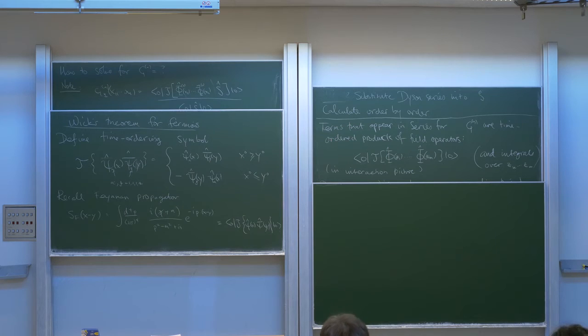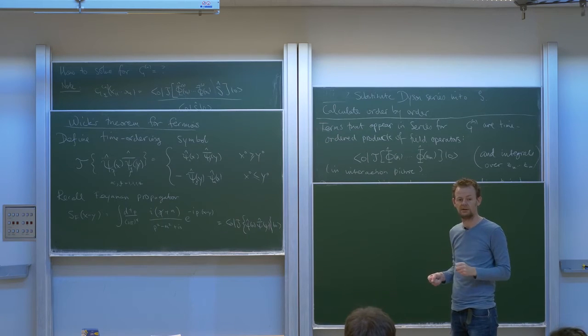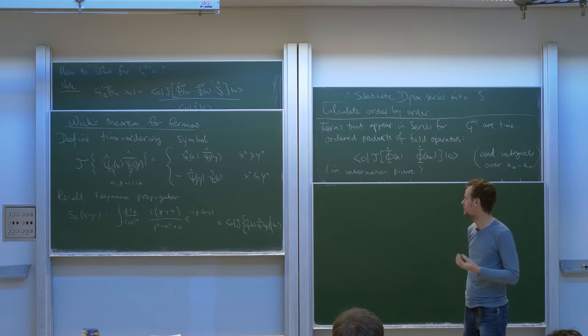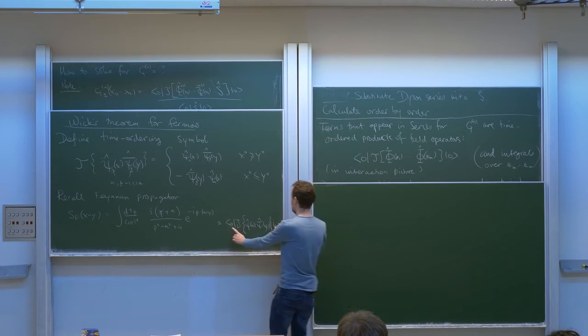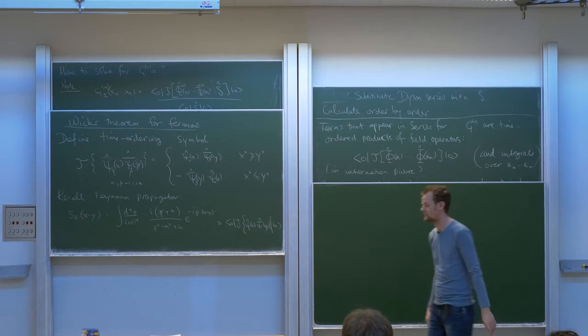So remember the trick of Wick's theorem. Wick's theorem converts time-ordered products into normal-ordered products. Normal-ordered products are great because if you put something that's in normal order inside a vacuum expectation value, it's instantly 0. That's why we want to do such a thing.